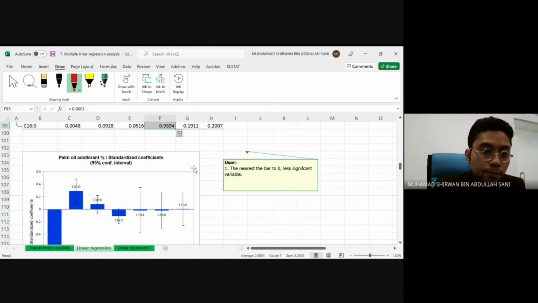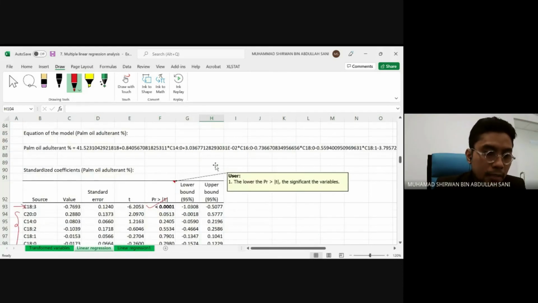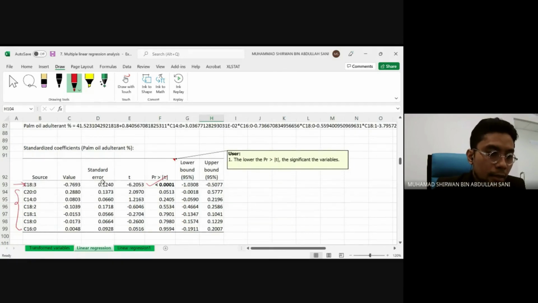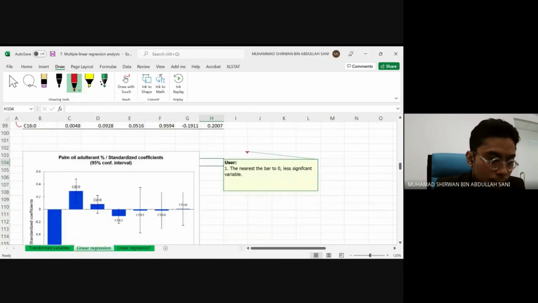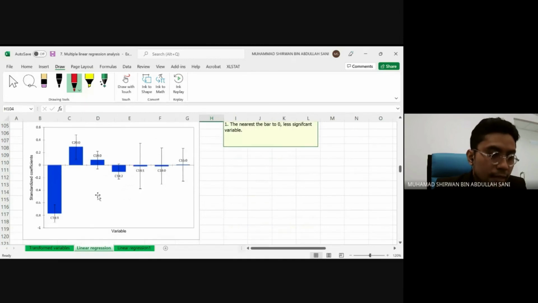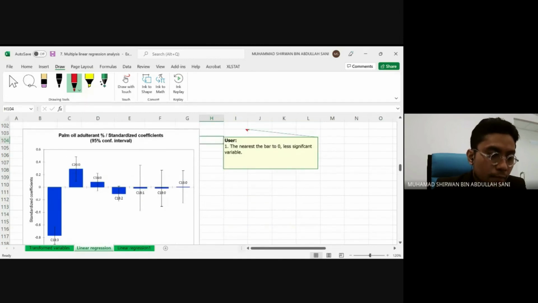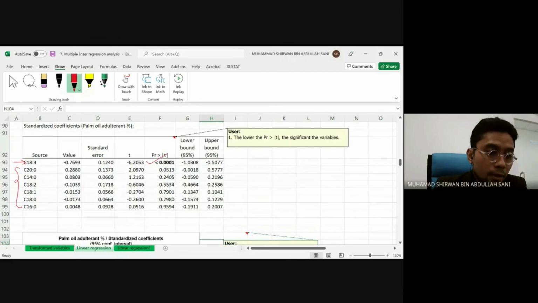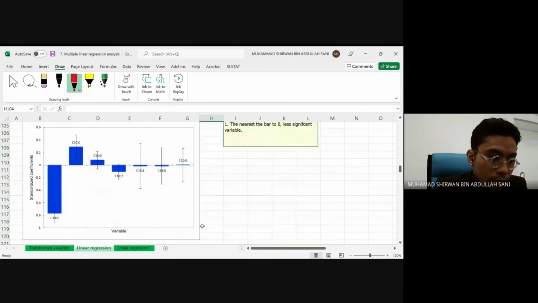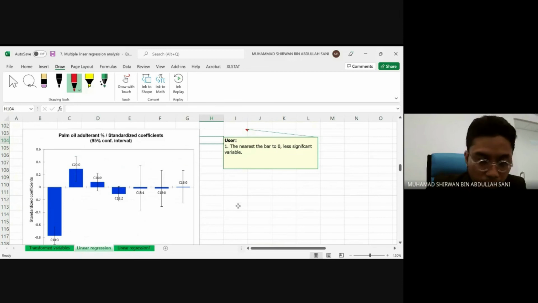Okay, this table is supported by the standardized coefficient chart. Look here: those variables having a bar further away from the zero axis indicate the most significant variable.